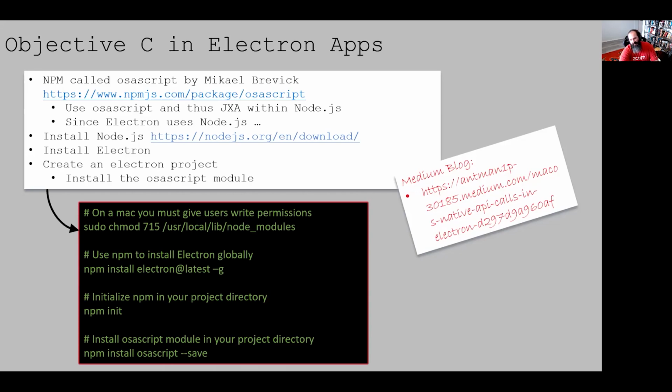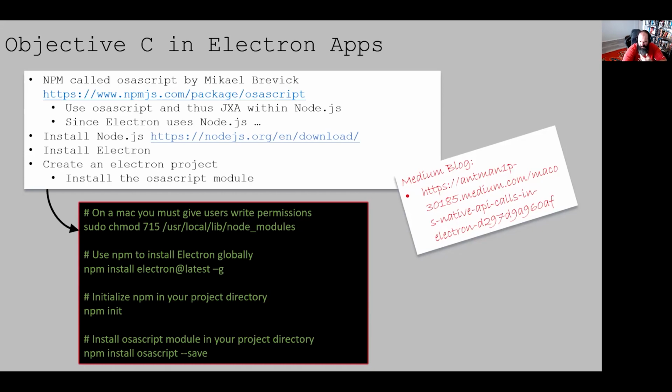To do that, I'm going to go through a few steps here. I'm not going to get too detailed because of time constraints. You first are going to need to install Node.js, and then Electron. Before you install Electron, there's something you need to do.